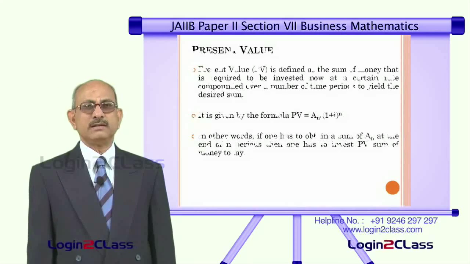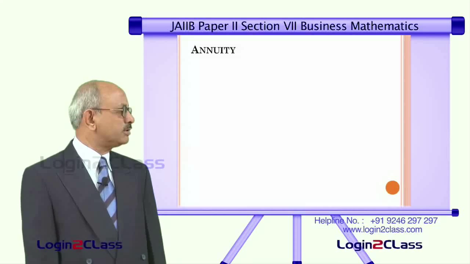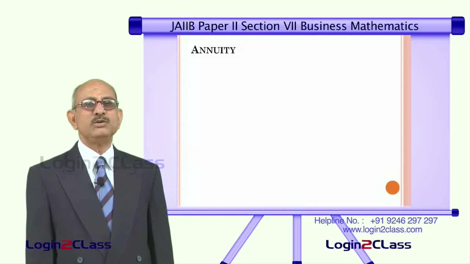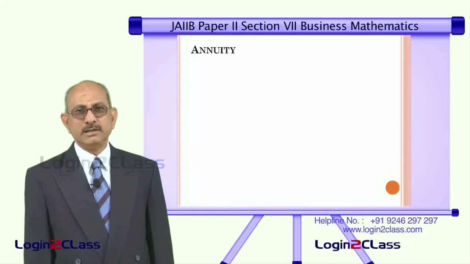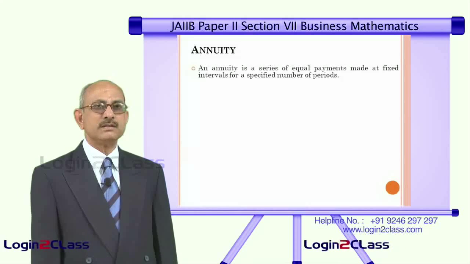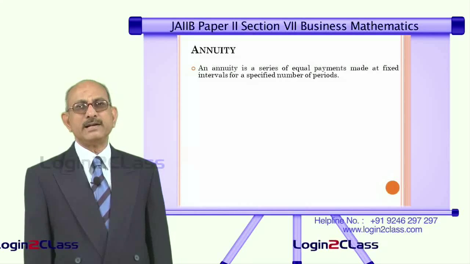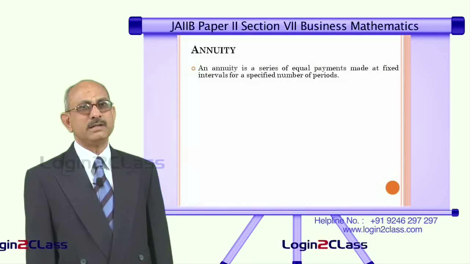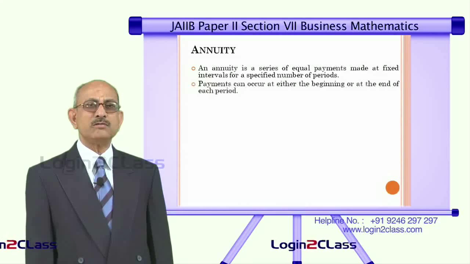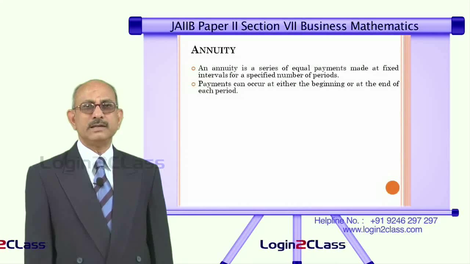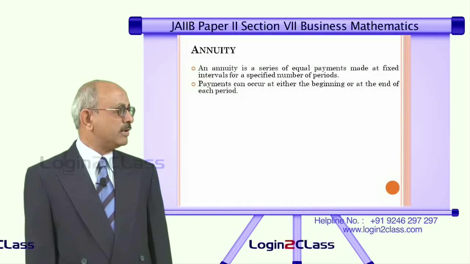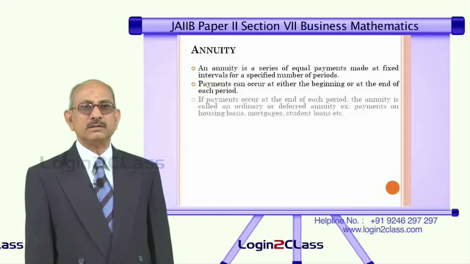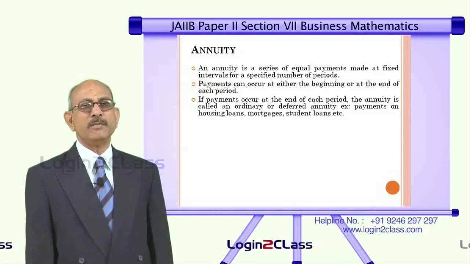Now, we will go to another concept known as annuity. All of you must have come across this annuity. Normally, annuity is used in many situations. For example, if you are paying rent regularly of a particular amount, that means same amount of money is being given out every month to the landlord. So, that is called an annuity payment.